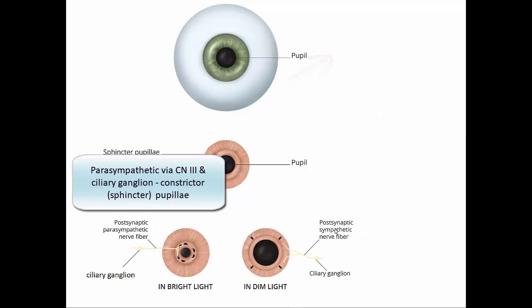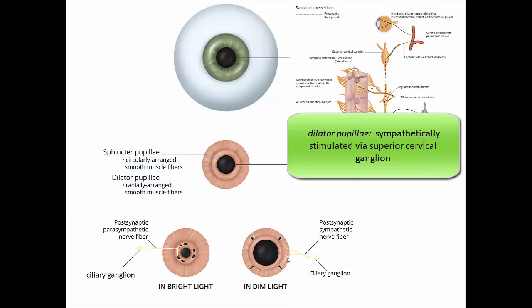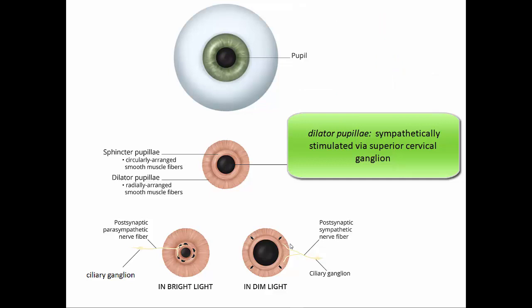The postsynaptic sympathetic fibers will have only passed through the ciliary ganglion. These are sympathetics. They actually have their synapse in the superior cervical ganglion. Okay, so although the fibers will travel through the ciliary ganglion, they will not have synapsed there if these are sympathetic fibers. The sympathetic fibers will have synapsed, as I just said, in the superior cervical ganglion.